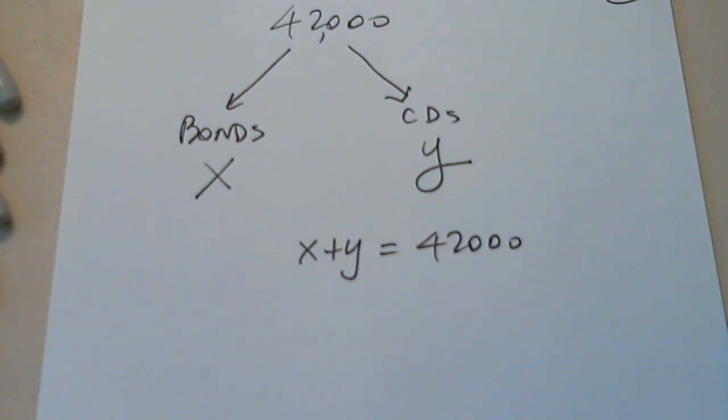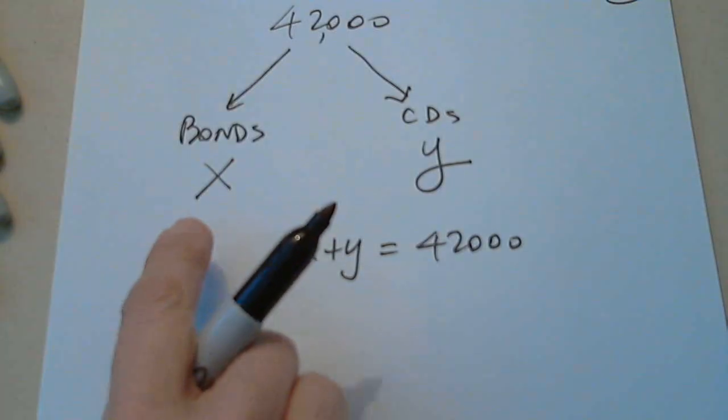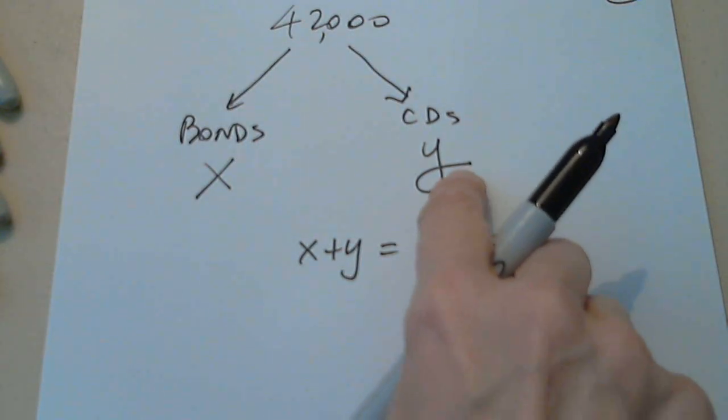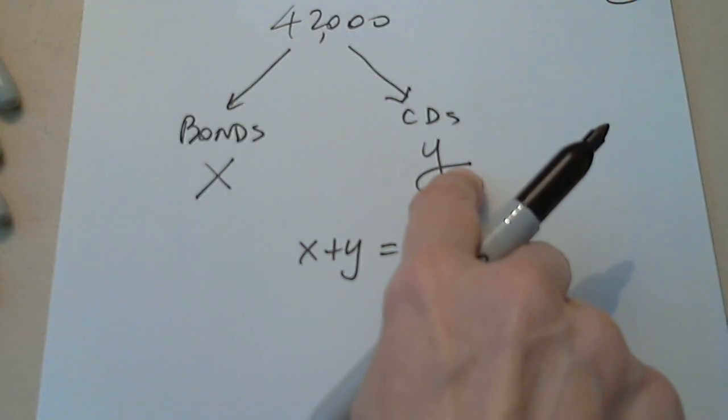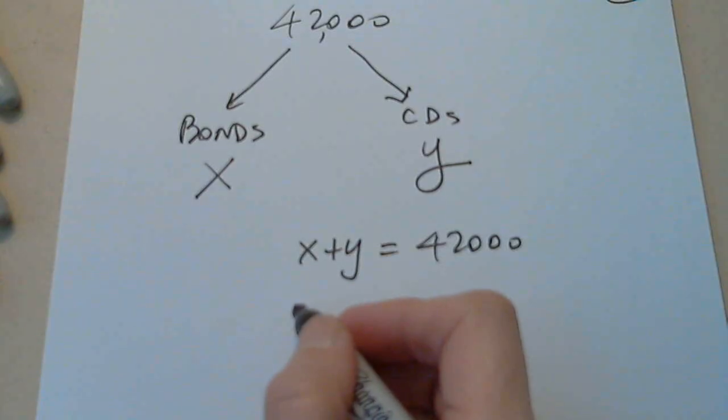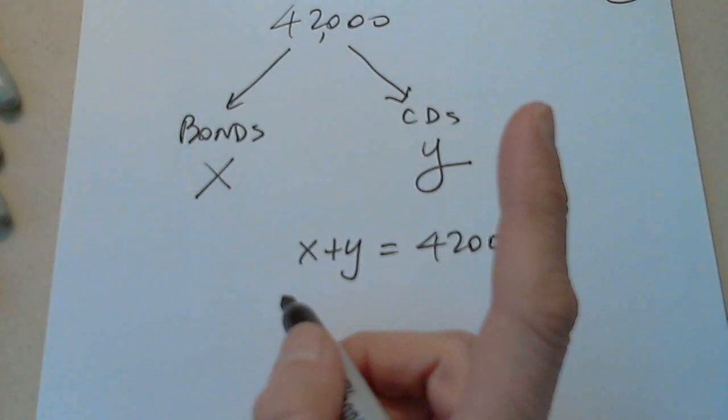Good. But I also know that the amount invested in bonds is to exceed that in CDs by 3,000. The amount invested in bonds is to exceed the one invested in CDs by $3,000. 3,000 more than in the CDs. Careful.